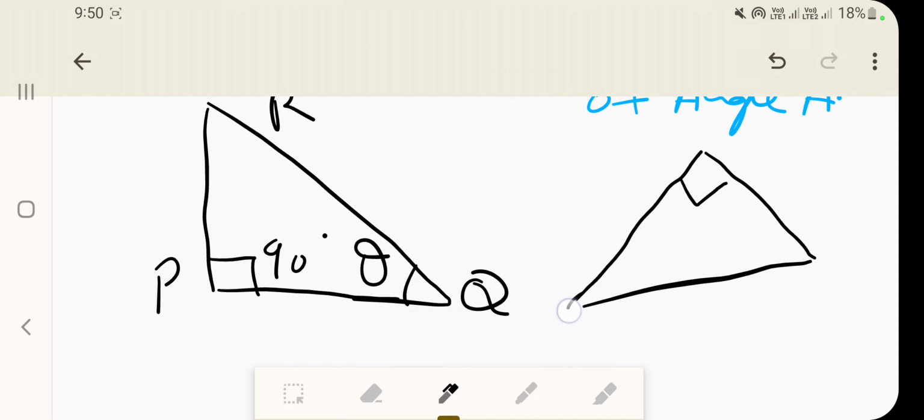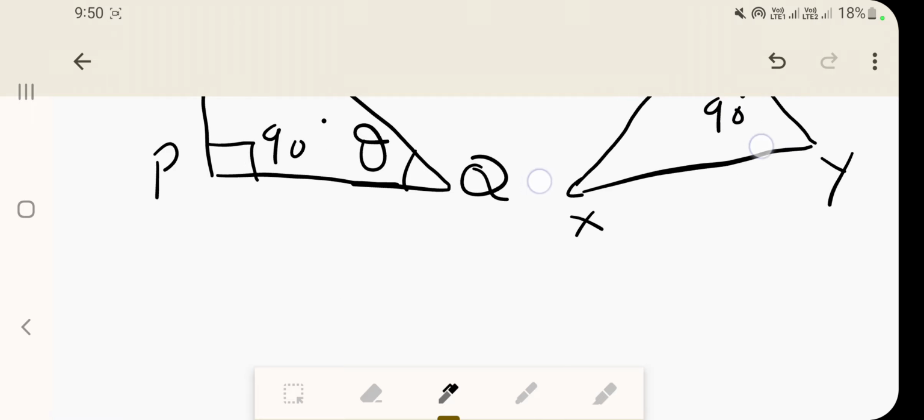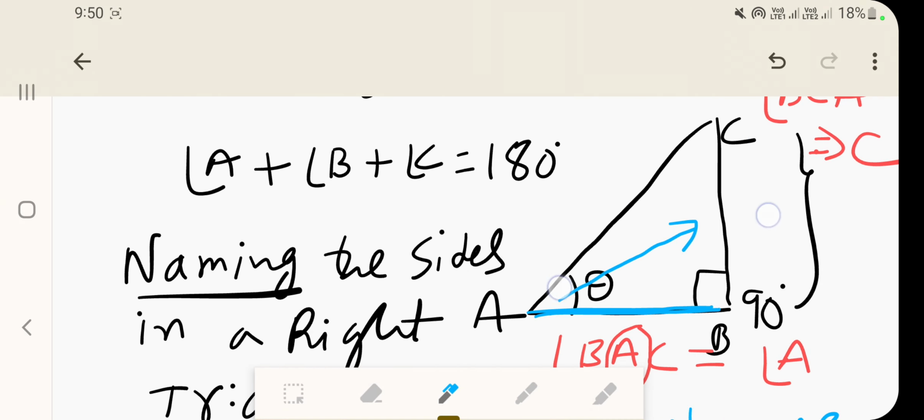And if you take X, Y, Z, here the 90 degrees is angle Z. So in these different ways we can represent the 90 degree angle. Hypotenuse is the longest side of all three sides, and then we have the adjacent side and the opposite side. Okay, so this is about the naming of the sides in a right triangle.